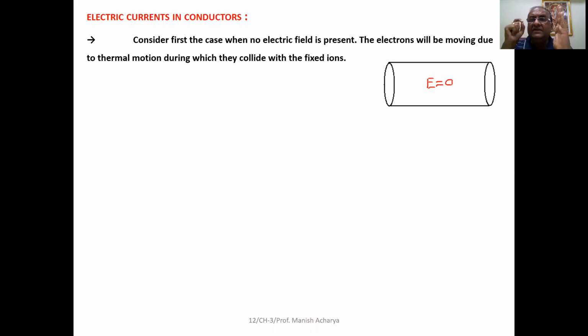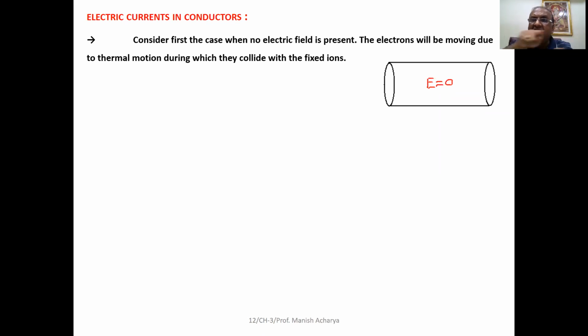Because the motion of the electrons is random, if, for example, n number of electrons flow through this cross section in given time t from right to left, then the same n number of electrons will flow through this cross section from left to right.